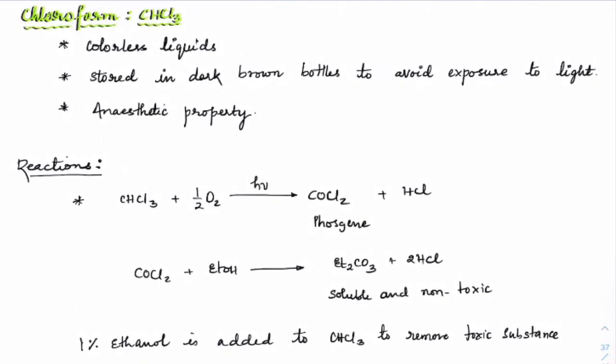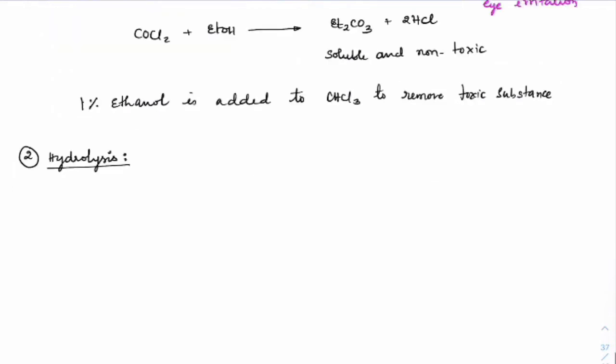So chloroform is a colorless liquid stored in brown bottles. It has anesthetic property, and this is the first reaction where we saw how to stabilize against the phosgene released. The second reaction we will see is the hydrolysis of chloroform. If we take CHCl3 and treat that with NaOH and heat, all those chlorines will be replaced by OH groups.